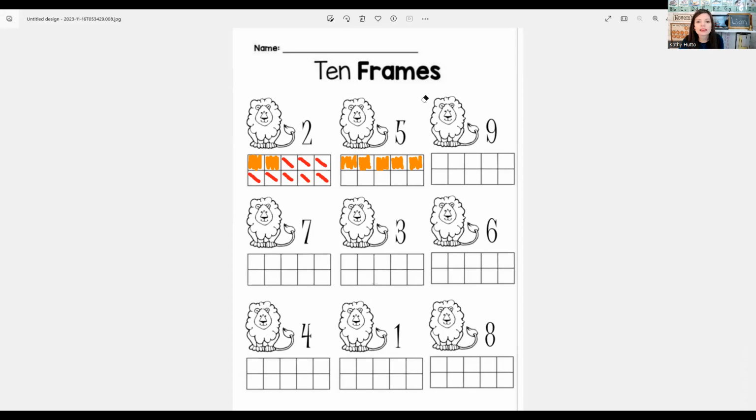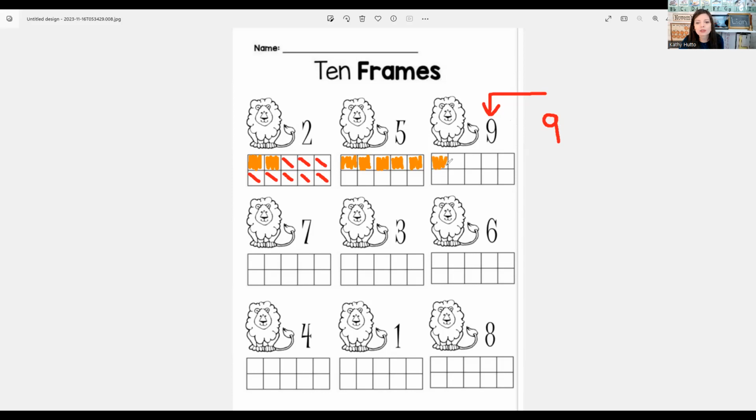What number is this? This one's a little tricky because that doesn't look like the 9 that we usually write. We don't usually curve the line, but this is a number 9. The line is just curved at the bottom. Let's color 9 spaces.